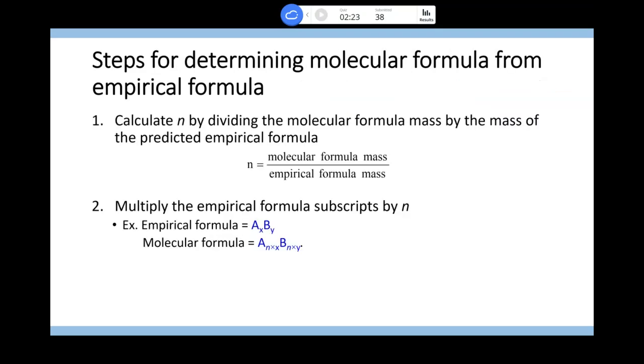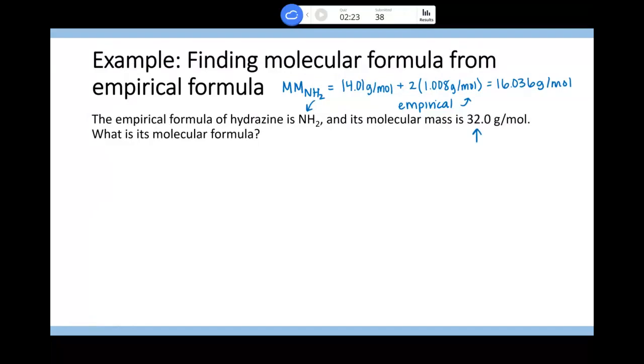But the molar mass of the molecule is 32.0 grams per mole. So you might be able to see that if you multiply the empirical molar mass by 2, then you get 32 grams per mole, and that's the molecular molar mass. So that means we need to multiply the subscripts of NH2 by 2 to get the actual molecular formula.